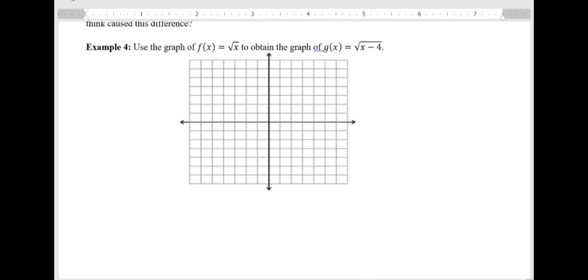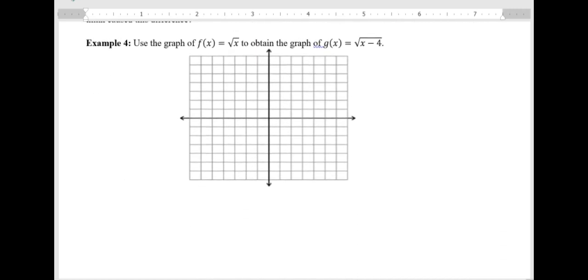Here we have, use the graph of f of x equals square root of x. First, that's my parent function, and that's going to look something like this. Okay, so these are just sketches. So this is f of x. And now we want to do g of x. Notice that the minus 4 is being subtracted inside of the square root. So that means that the graph will shift to the right.